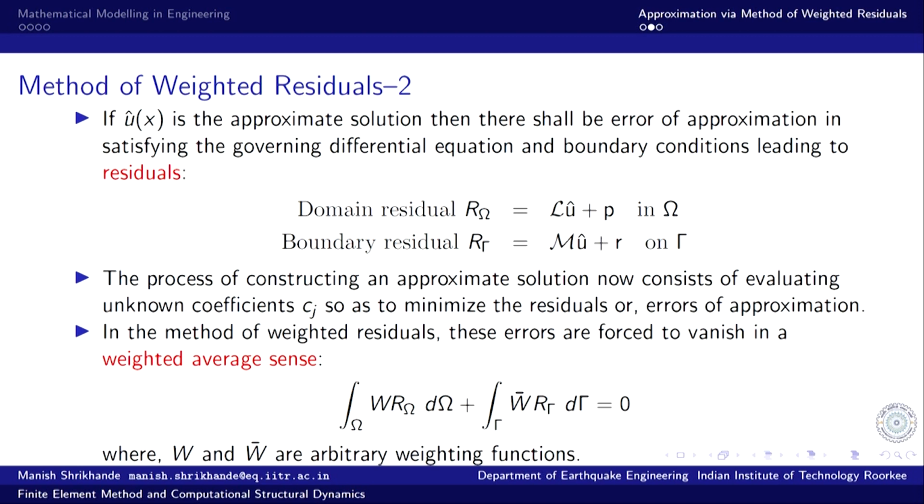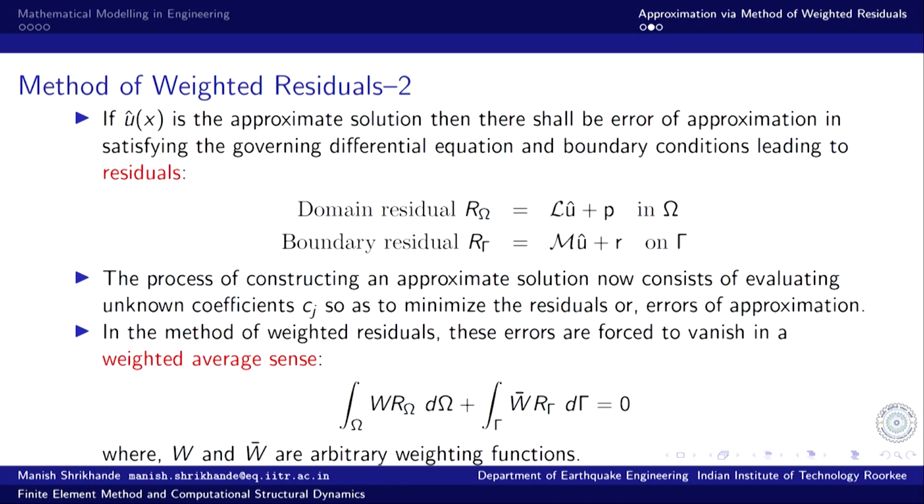Now, if I knew the exact solution u of x of the governing differential equation, then obviously the domain residual and the boundary residual would vanish. R omega would be 0, R gamma would be 0, and this weighted residual statement would hold irrespective of what weighting function I choose.